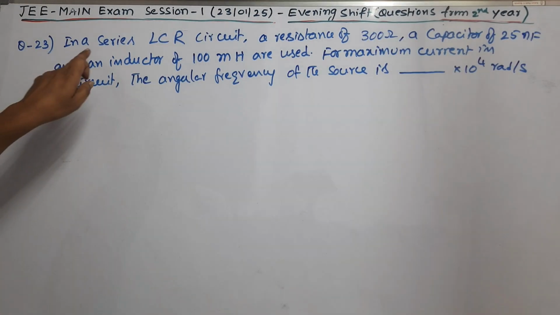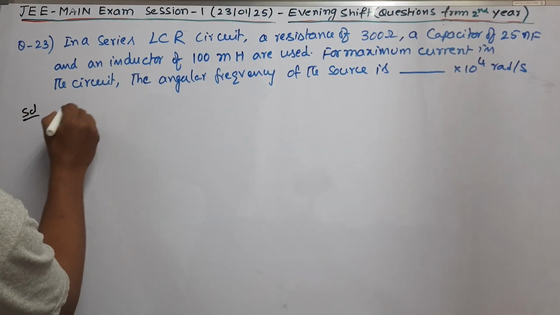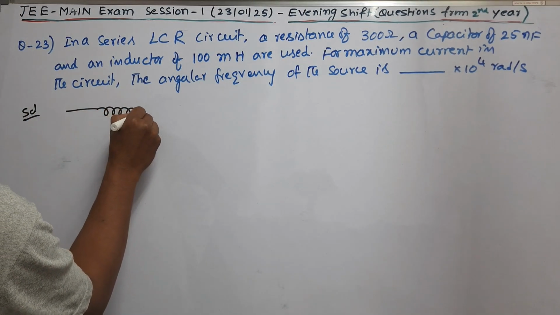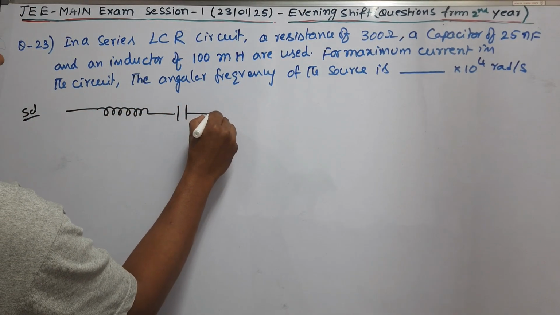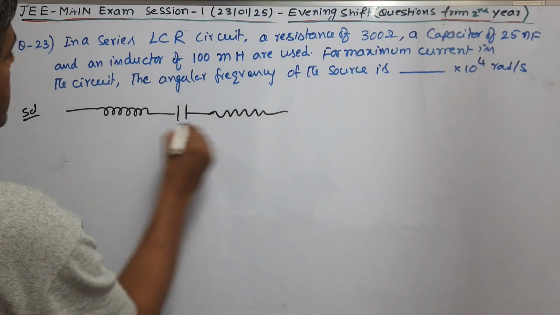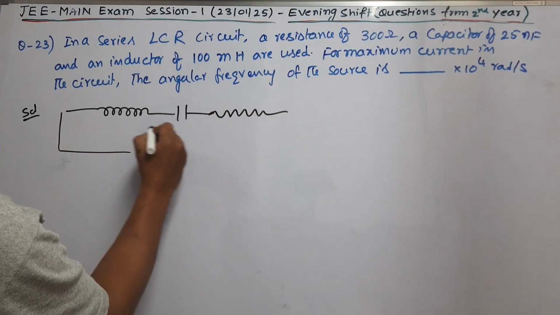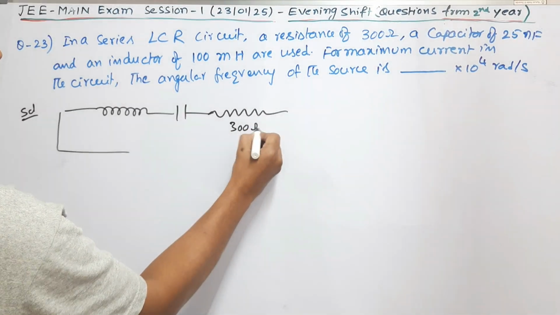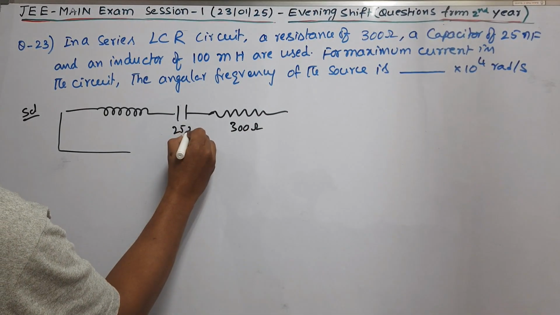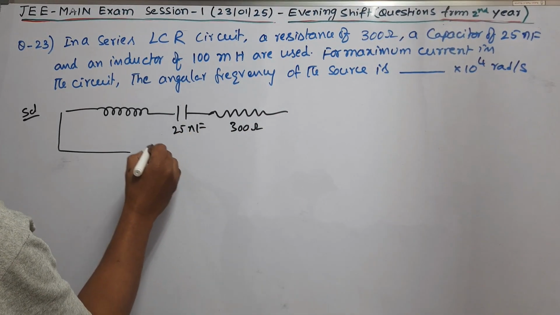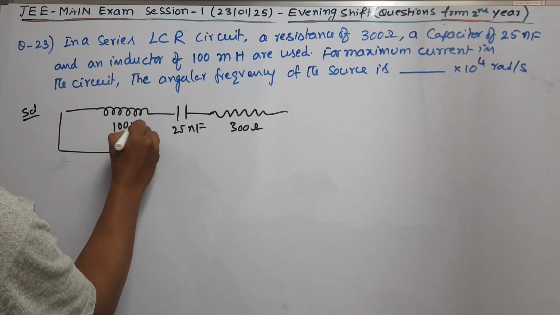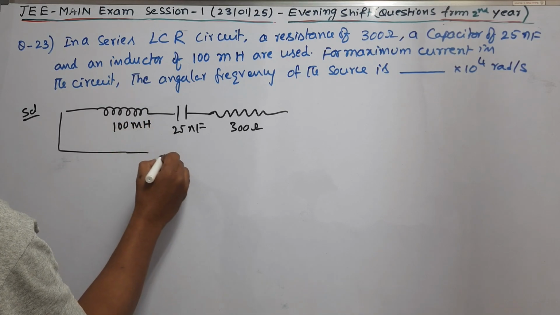The 23rd question. In a series LCR circuit, this is L, this is C, this is R, these three, a resistance of 300 ohm, a capacitor of 25 nanofarad, and an inductor of 100 millihenry are used.